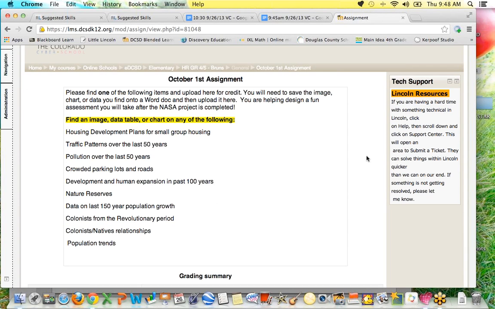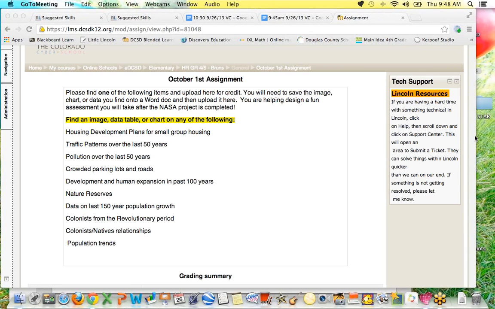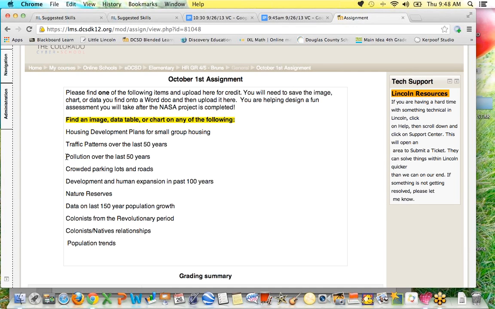Yes, Lucas. Is this for 5th grade or 6th grade too? It's for all grades. Yes. So all grades will see this October 1st assignment on your homeroom page. You can look at all of these different topics, and you're just going to find one that interests you. So maybe you want to look up data on the pollution numbers over the last 50 years.